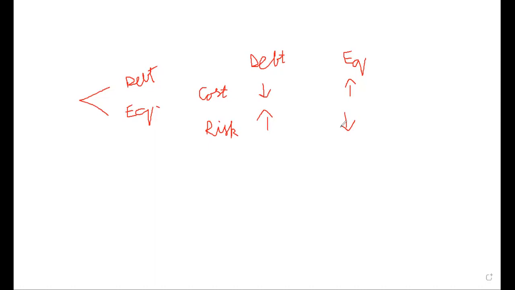What about the cost part of it? The cost of debt capital is low, because at the time of issue, whatever is the prevailing rate, at that rate debt capital is issued. So it would be applied until the end of the life of the debt capital. Let's say debt is issued for 10 years.